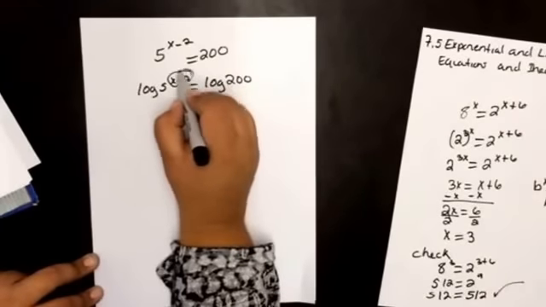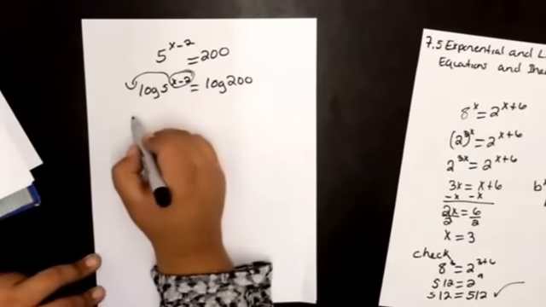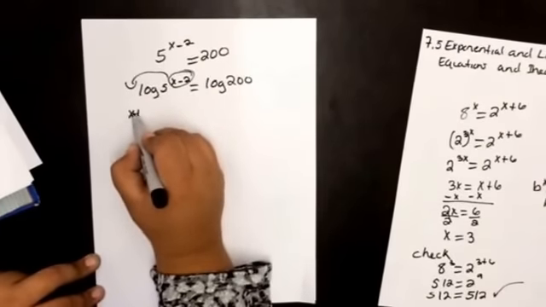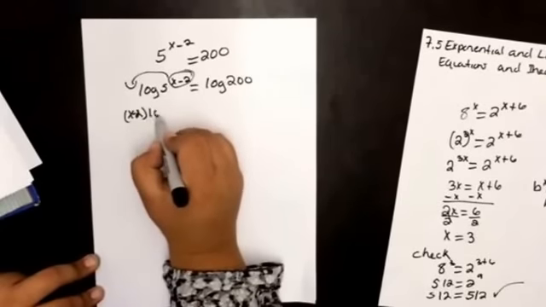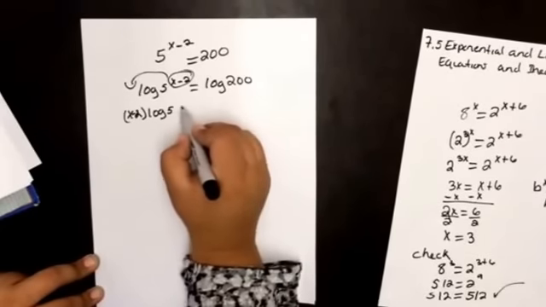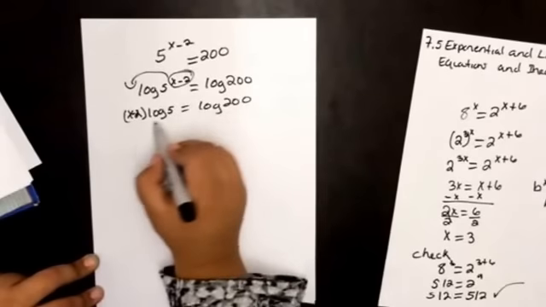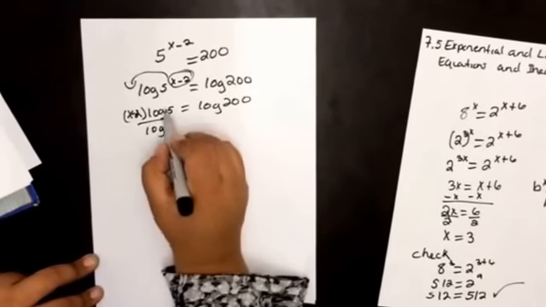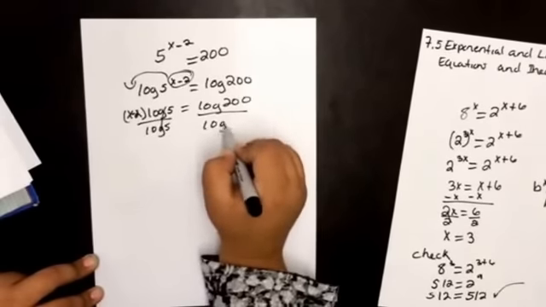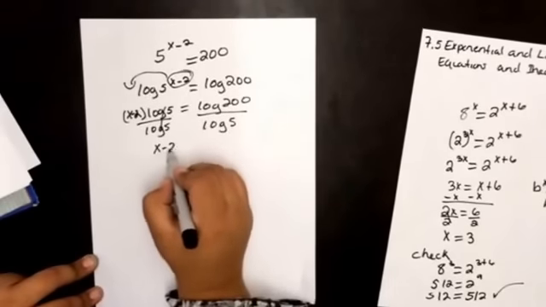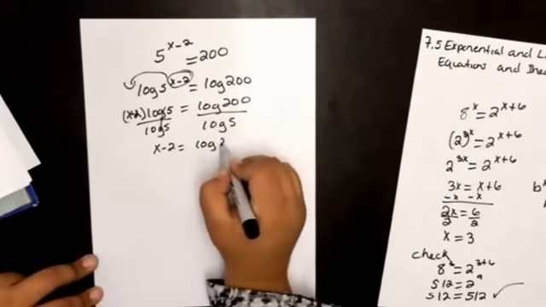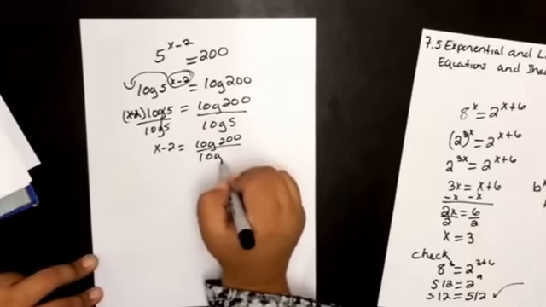Since this is an exponent, I can bring it to the front. So now I have x minus 2 times log of 5 equals log of 200. Here I can divide by log of 5, and I can divide by log of 5. So x minus 2 equals log of 200 over log of 5.